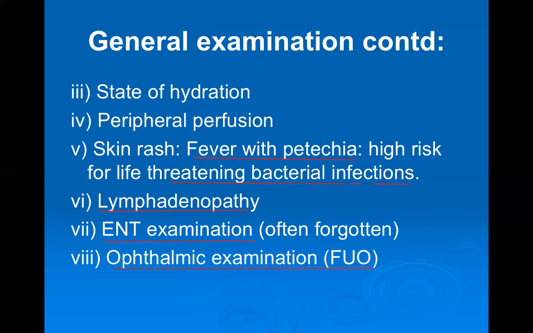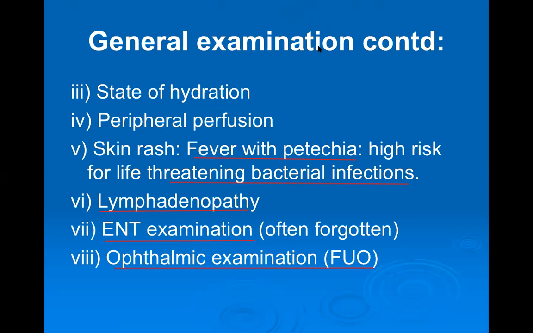This is called fever of unknown origin, and some of the clues may be got from ophthalmic examination, means eye examination. One important example I like to highlight here, in cytomegalovirus inclusion disease, there is chorioretinitis. Chorioretinitis. These are the different layers of the eyeball. So they are involved there, and we can get this information by examining the eye.